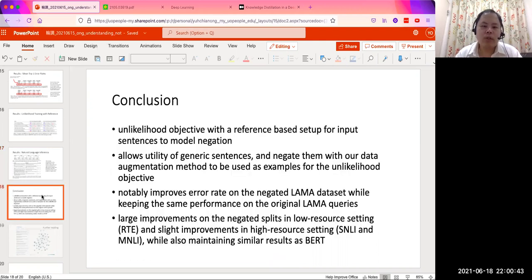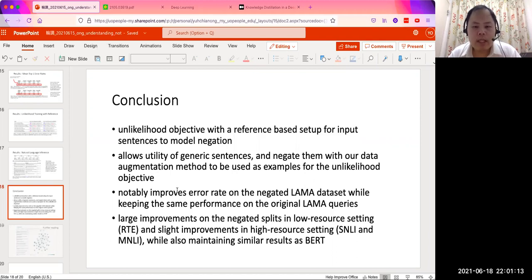So to conclude, the unlikelihood objective with a reference-based setup for input sentence can be considered as a pretty successful attempt to model negation. It also allows the utility of generic sentences and to negate them with a data augmentation method to be used as examples for the unlikelihood objective.